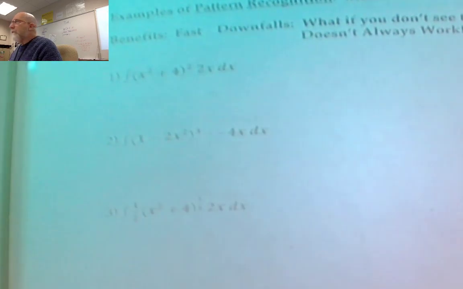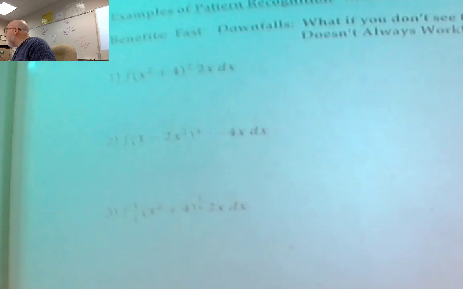All right? So what I have is pattern recognition. If you can use your head, use your head. If you can see the pattern and come up with a solution and it's correct, keep doing that. Now, when you do pattern recognition and they ask you to use substitution, they are one and the same thing.